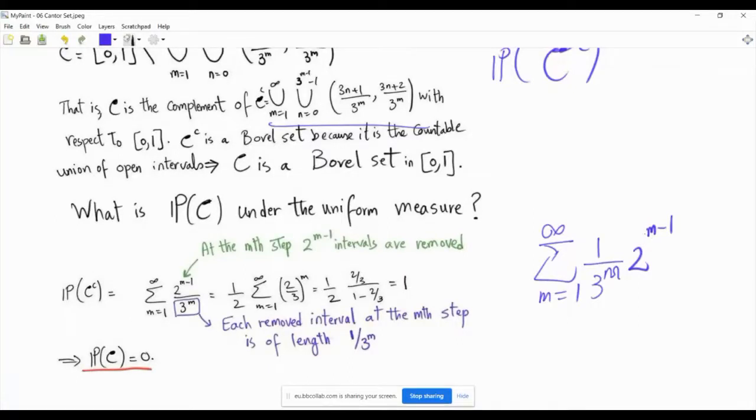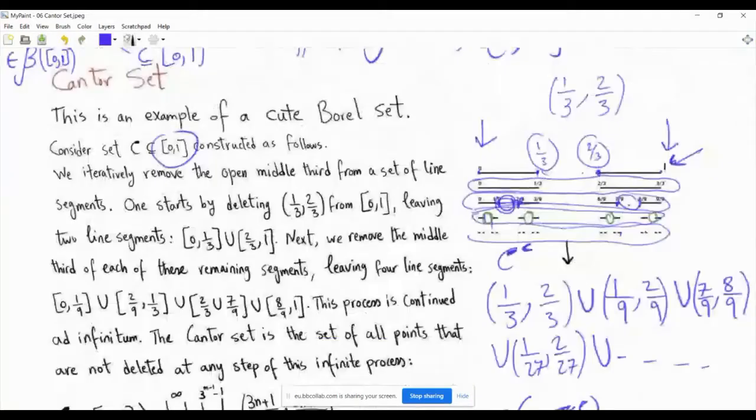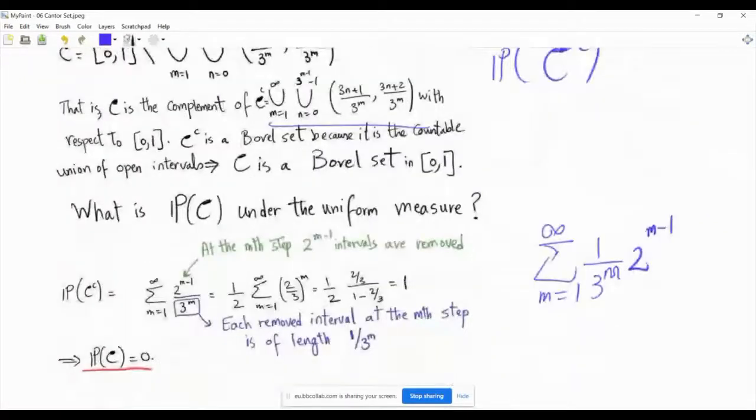If m is 1, 2 to the 0 is 1, we remove just the middle third of the closed interval [0,1]. Then when m is 2, this is 2 to the 1, it's 2, because we remove the intervals 1/9 to 2/9 and 7/9 to 8/9 and so forth.